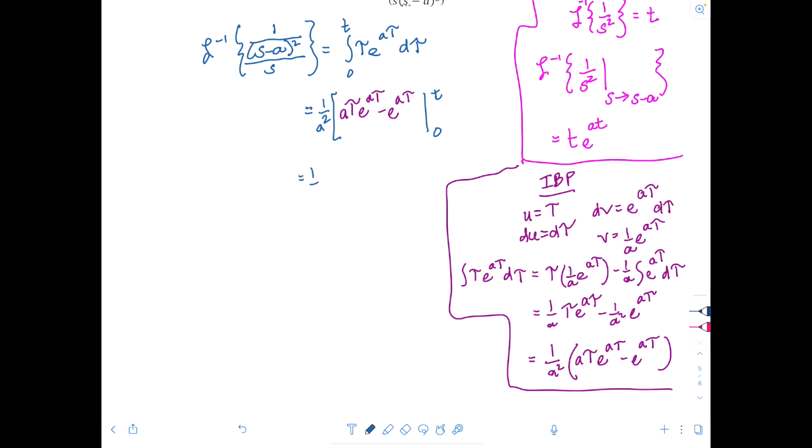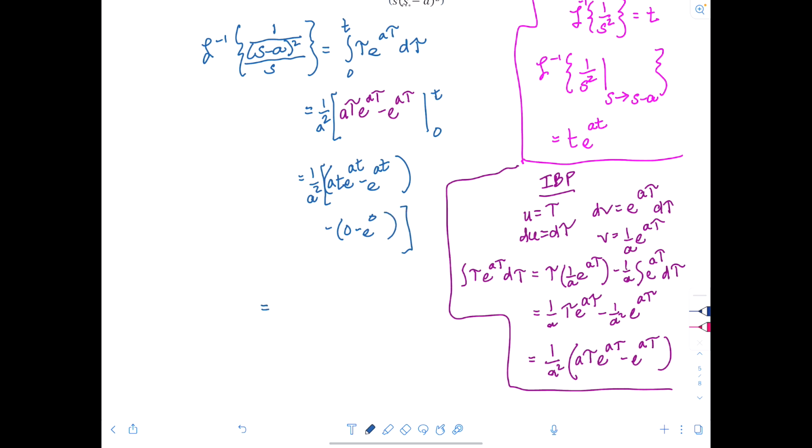So we will get 1 over a squared of a t e to the a t minus e to the a t for our upper limit. And then lower limit will be 0 minus e to the 0.